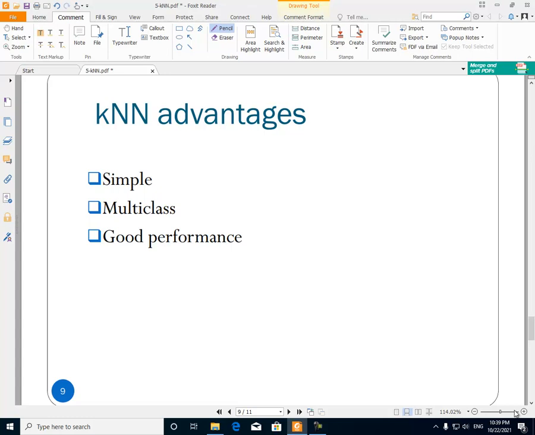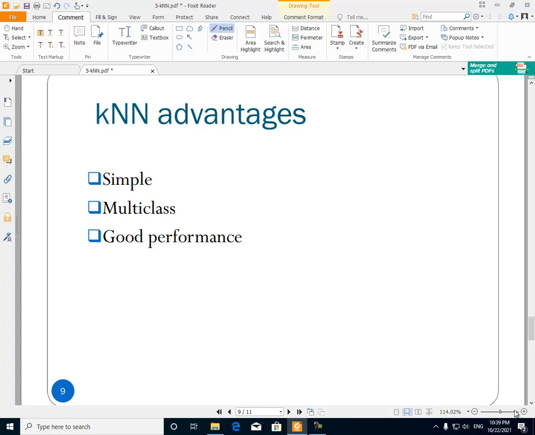The other feature is multi-class. What does multi-class mean? Multi-class means that we have a classifier that could be used for data with more than two classes.